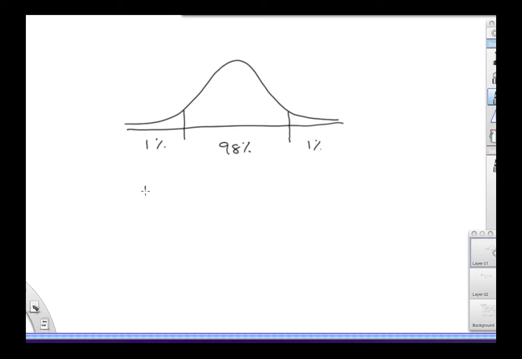So on the calculator, I can do inverse norm of 0.01. And that's going to give me a value of approximately 2.326. So that's going to be my critical value for this confidence interval.